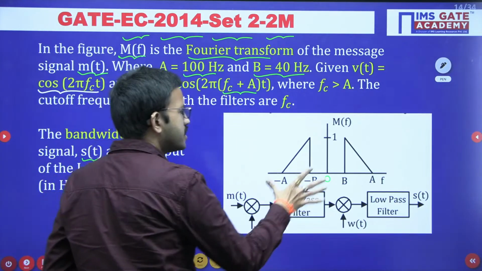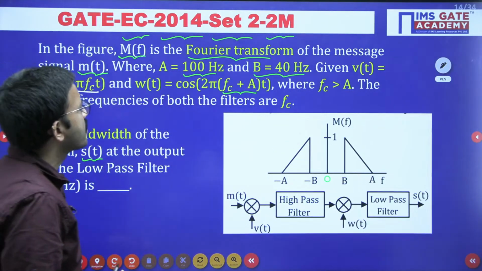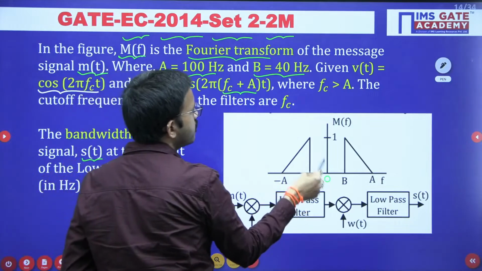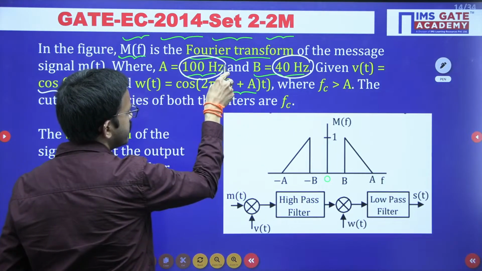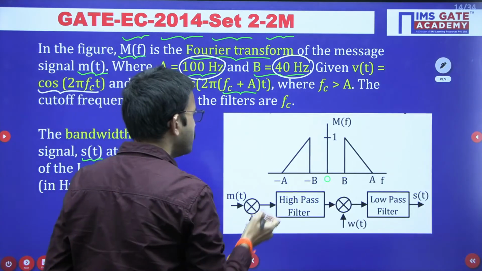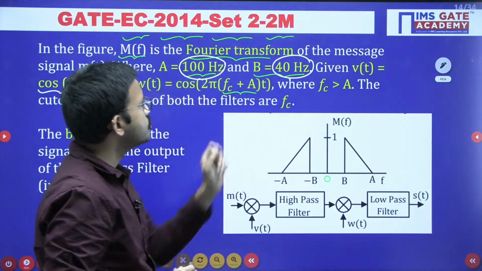See, this is the original signal you are having, that is the modulating signal. Here you are having the starting frequency 40 Hz and the maximum frequency 100 Hz, right? So this signal ranges from 40 Hz to 100 Hz.